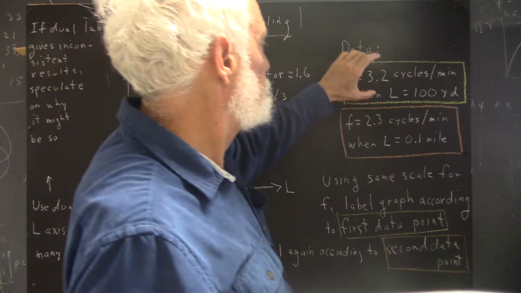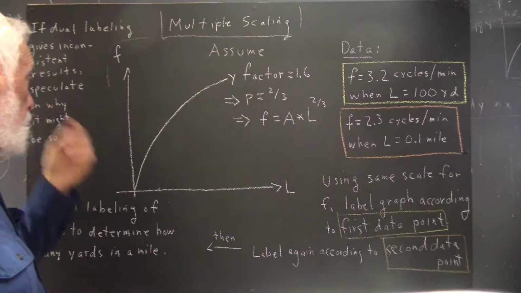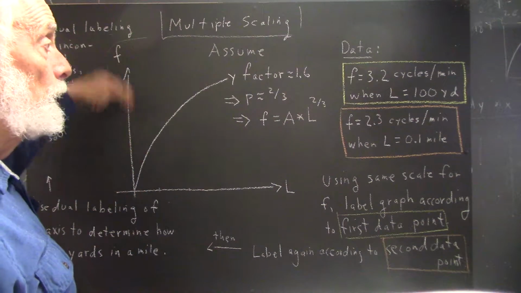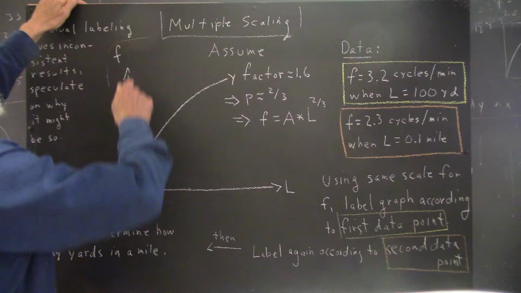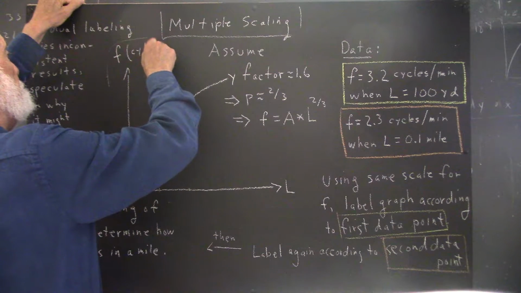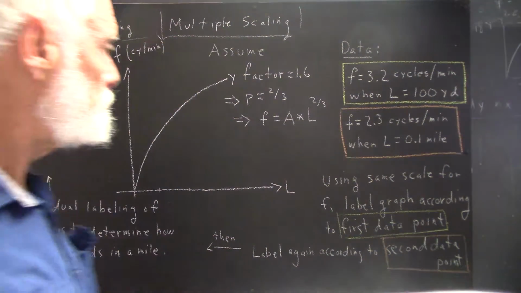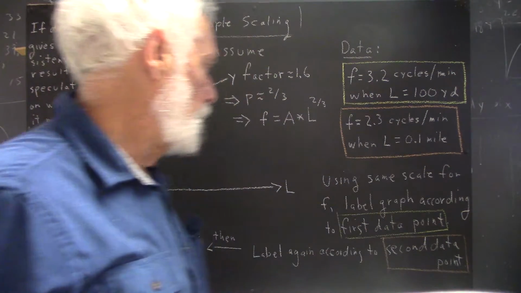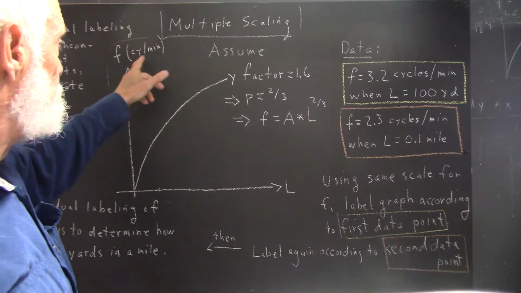Now, we want to use each of these in turn to scale this graph. We're going to use the same scale for both data points for our frequency. So our frequency in both cases is going to be cycles per minute, or hertz, but I don't want to use that term that might not be completely familiar. I've used it before, but we'll just say cycles per minute.